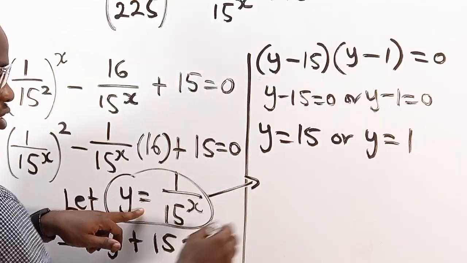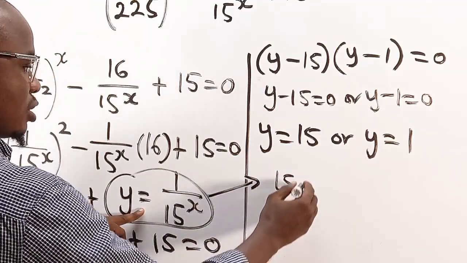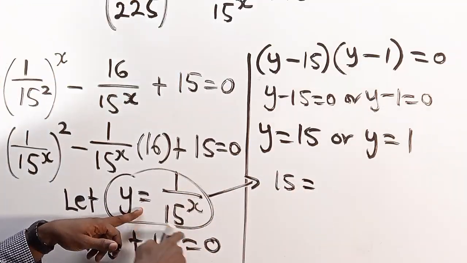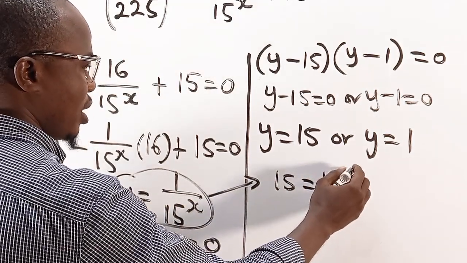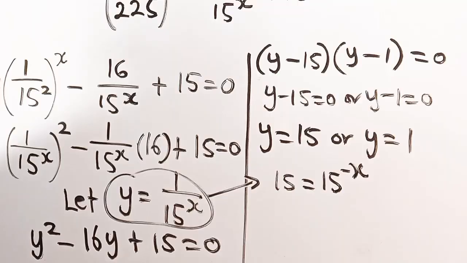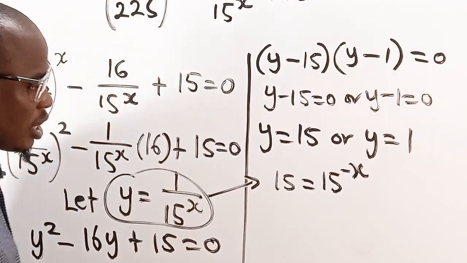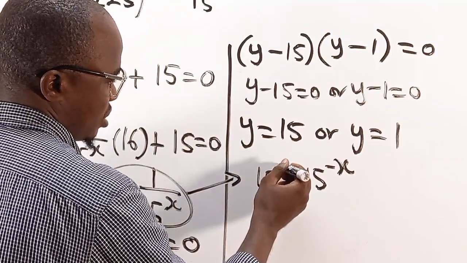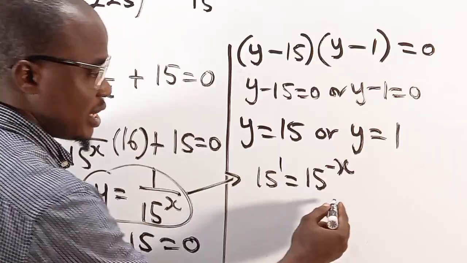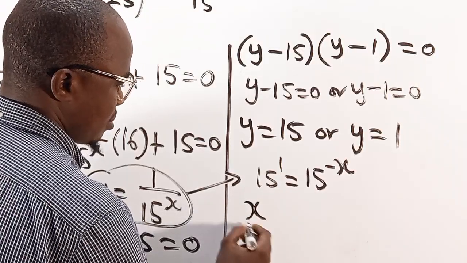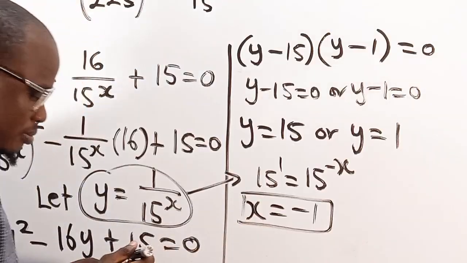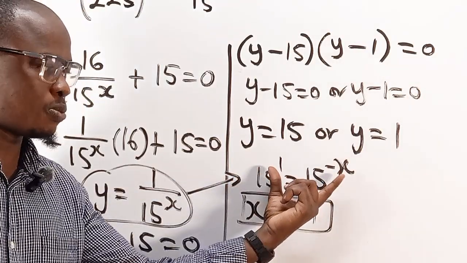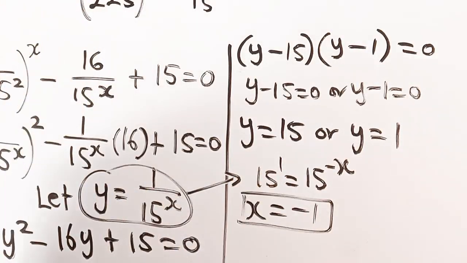When y is equal to 15, we have 15 equal to 1 over 15 to the power of x, which we can write as 15 to the power of minus x. And 15 ordinarily is the same thing as 15 to the power of 1. So this implies that x equals minus 1, because we equate the exponents since the bases are the same.